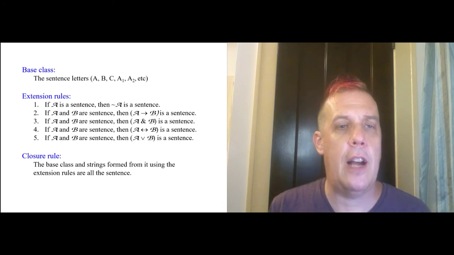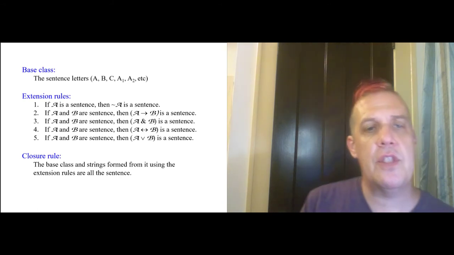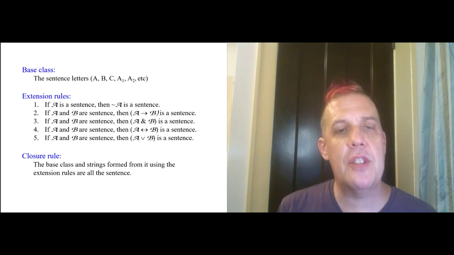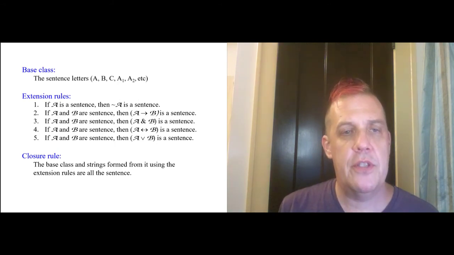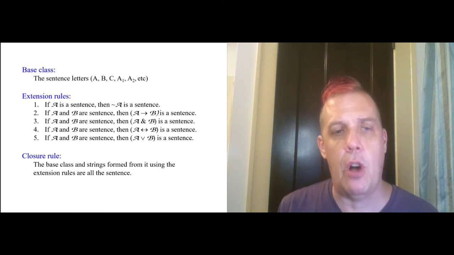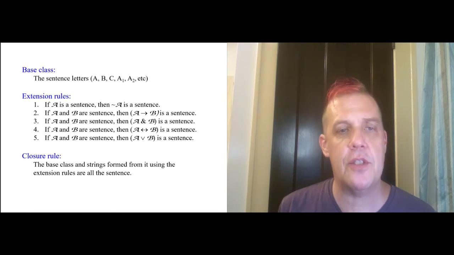So our base class consists of the sentence letters A, B, C, D, etc. Then we've got these expansion rules. So for instance, if A is a sentence, then not A is a sentence. For any well-formed sentence in our language, if you put a little squiggle in front of it, you get a new sentence.